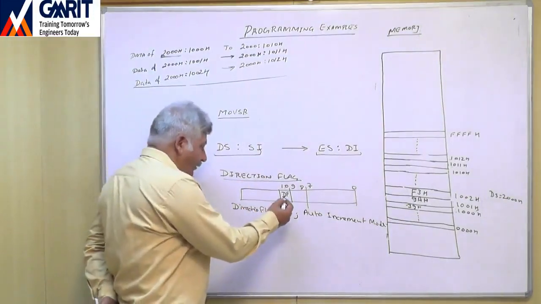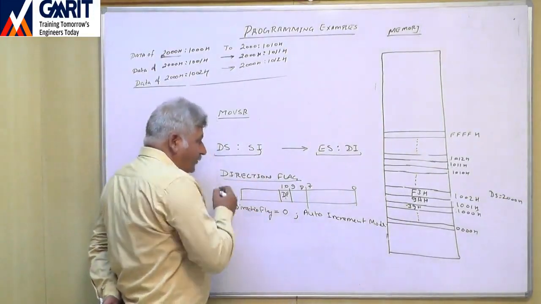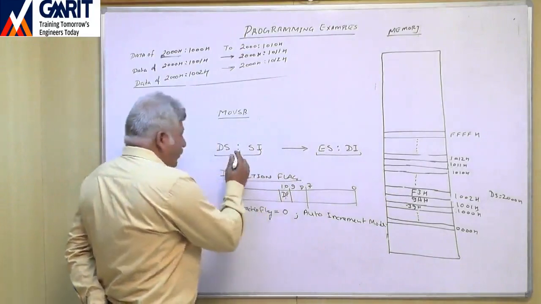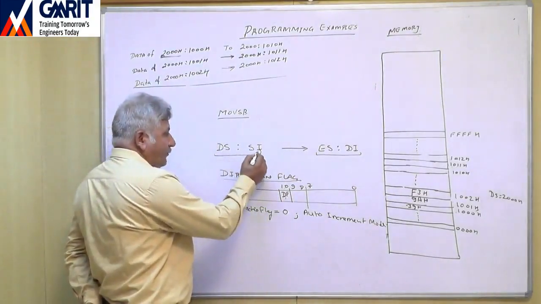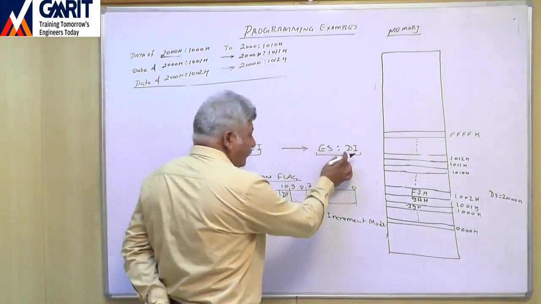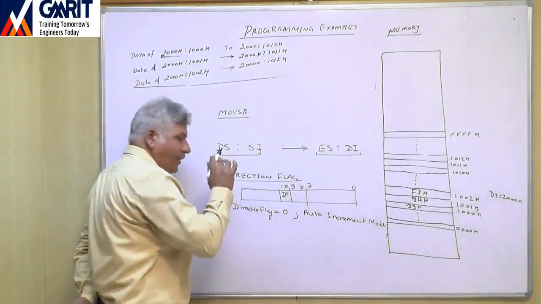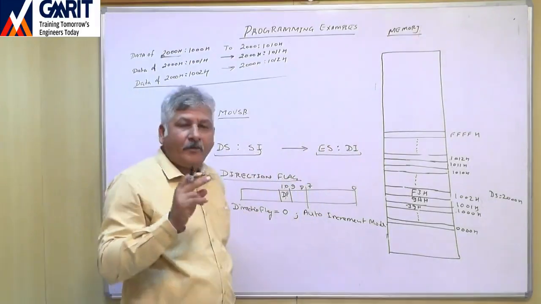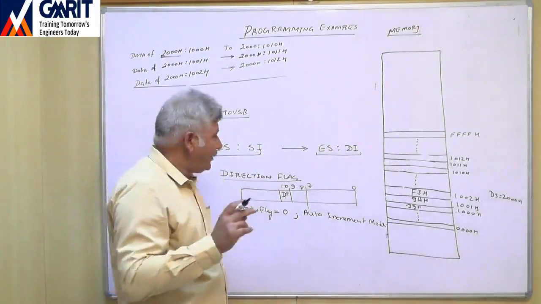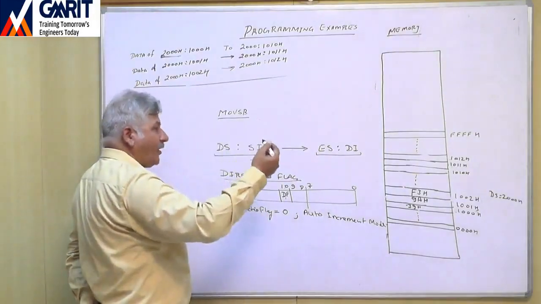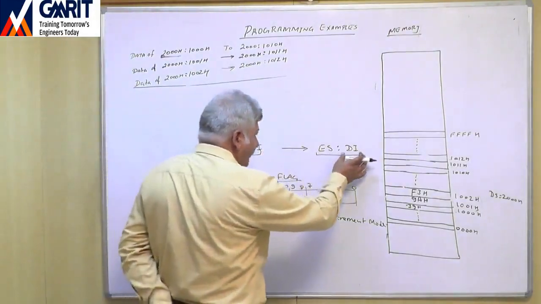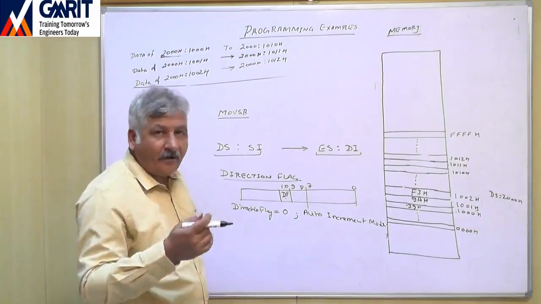If we make the direction flag 0, then one byte will be transferred from the DS:SI memory location to the ES:DI memory location, and after transferring one byte, the value of SI will be increased by 1 and the value of DI will be increased by 1.